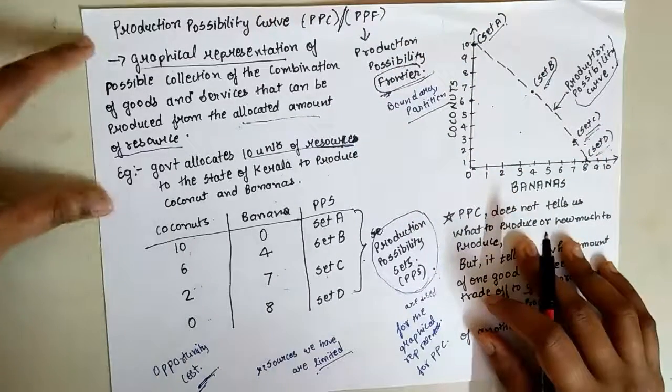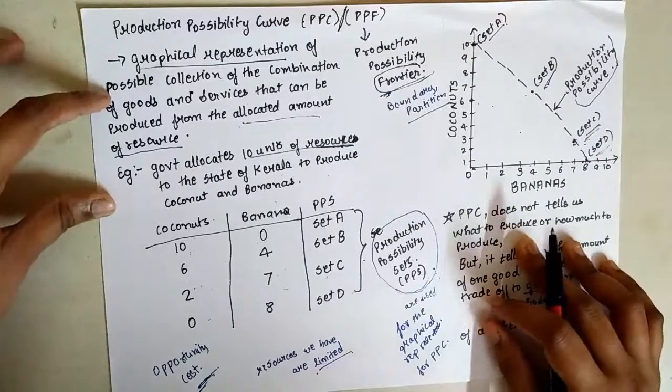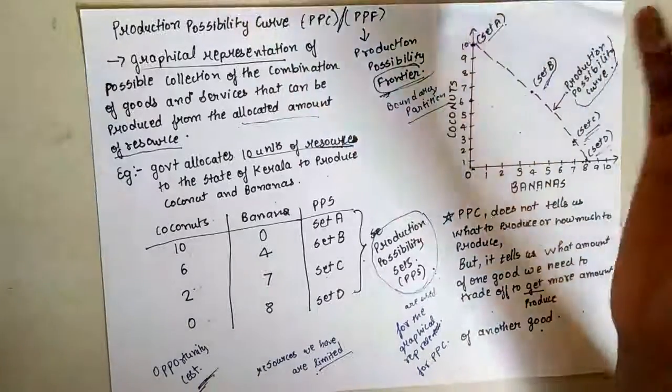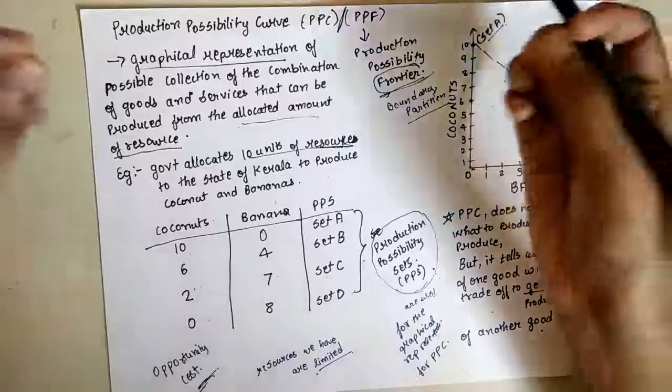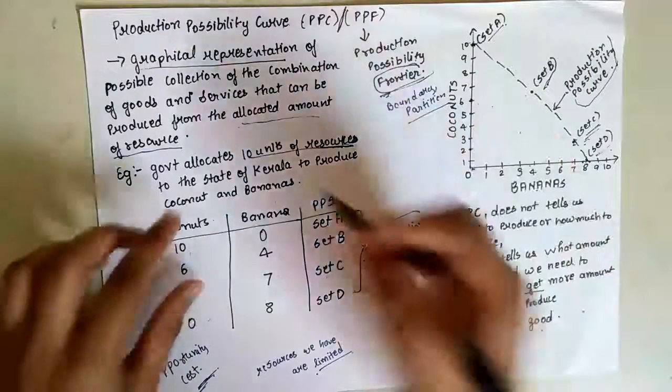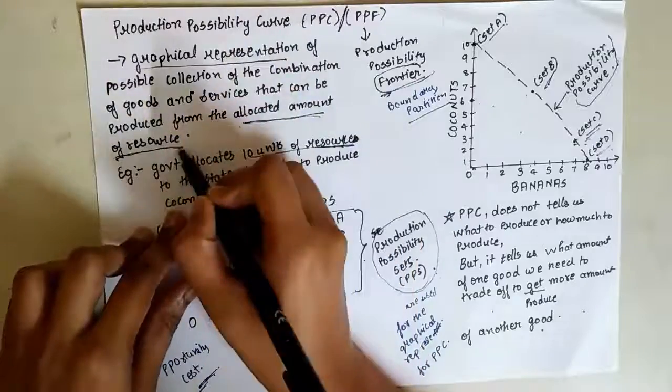Moving forward to the definition, the production possibility curve is a graphical representation of the possible goods and services that can be produced from the allocated amount of resources.